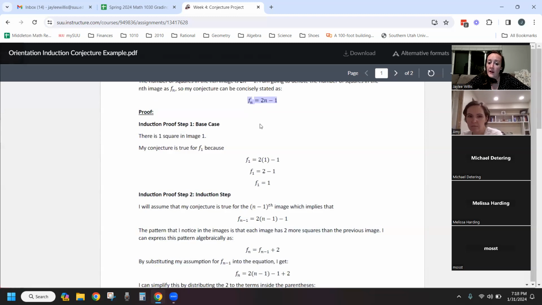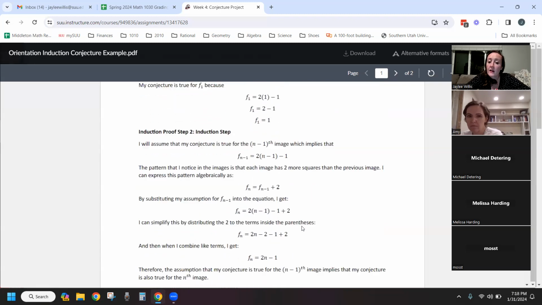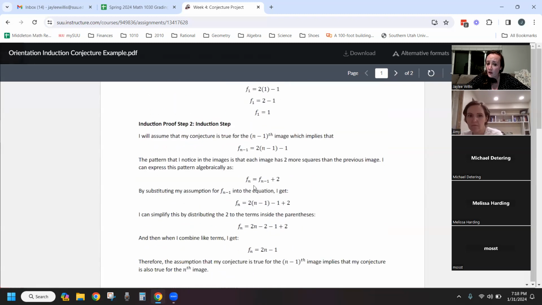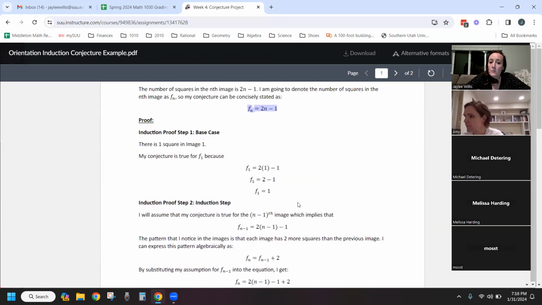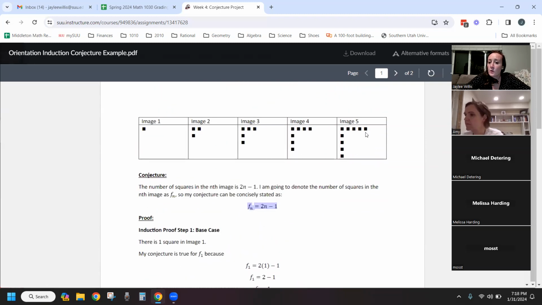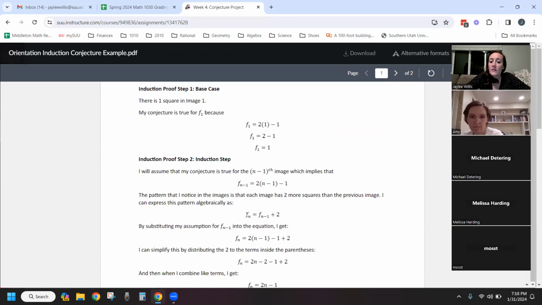In order to do that, like you said, Amy, you need a way of describing the nth term that uses the previous term. That's the recursive formula, where you have to know the one right before it to be able to find the next one. In this specific example, because each image has 2 more squares than the previous one, this is how I would describe it. The pattern we're doing for the week 4 conjecture is different, and we'll talk about what that recursive formula would look like.